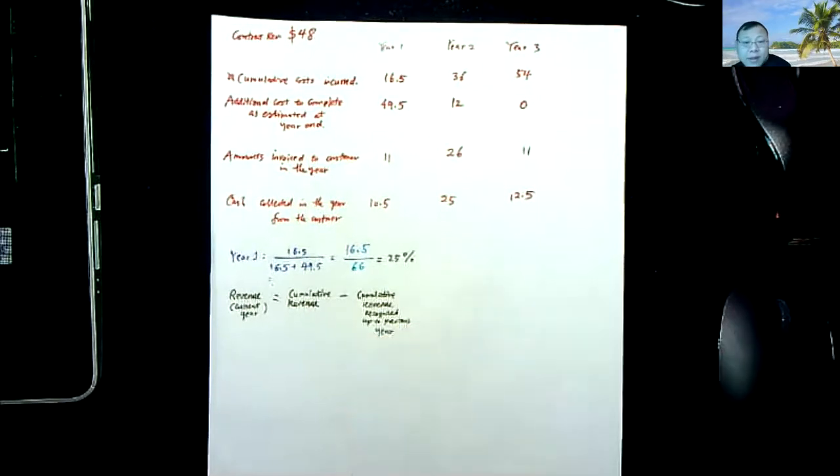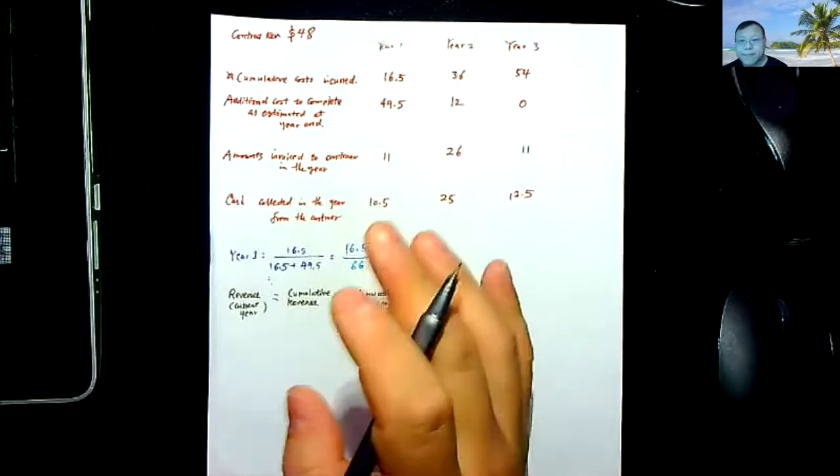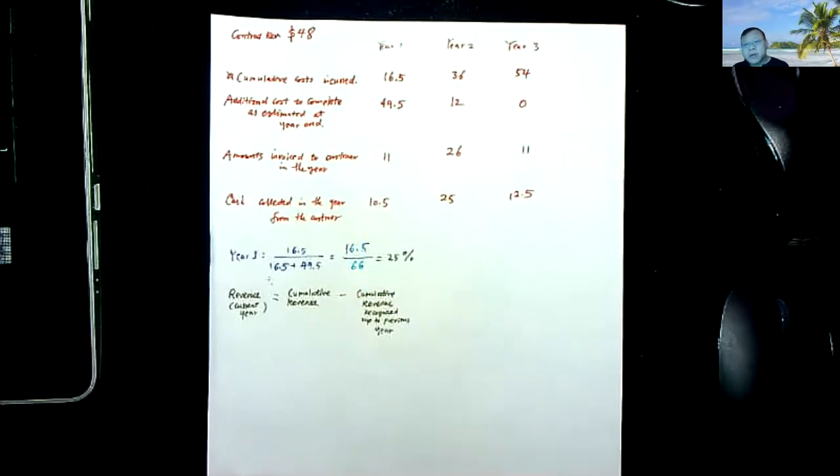So the current year revenue is the total cumulative revenue up to the end of this year minus the total cumulative revenue up to the end of the previous year. The difference is the current year's revenue.